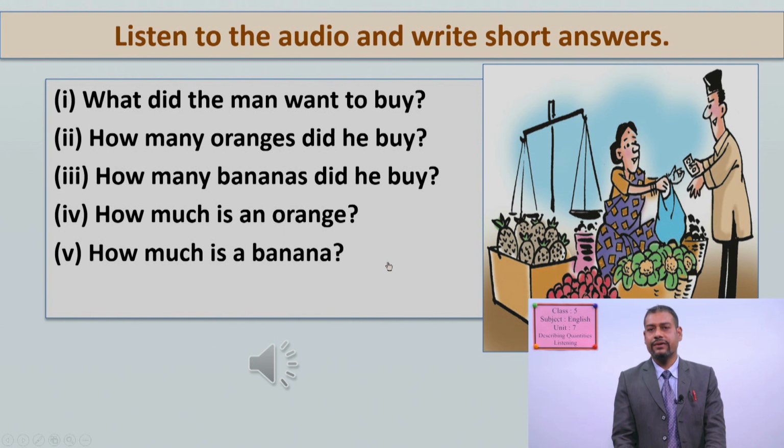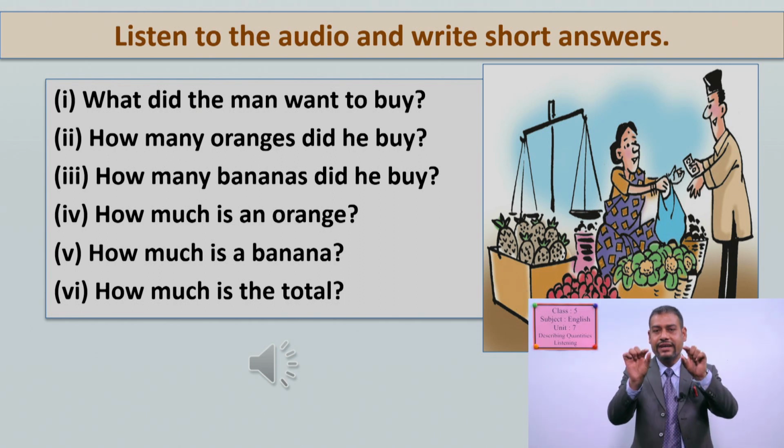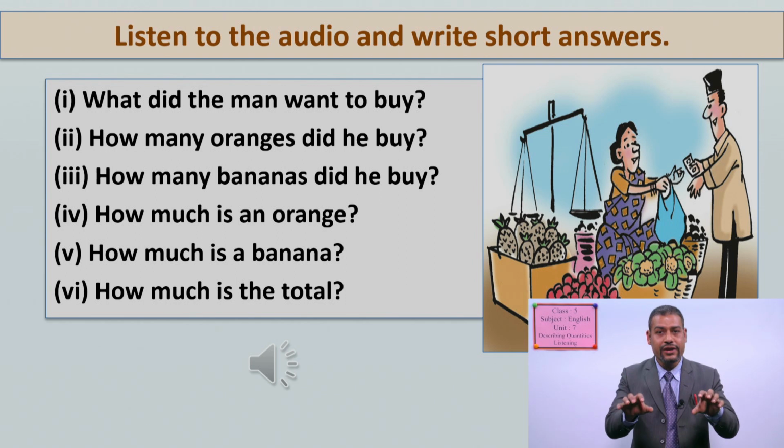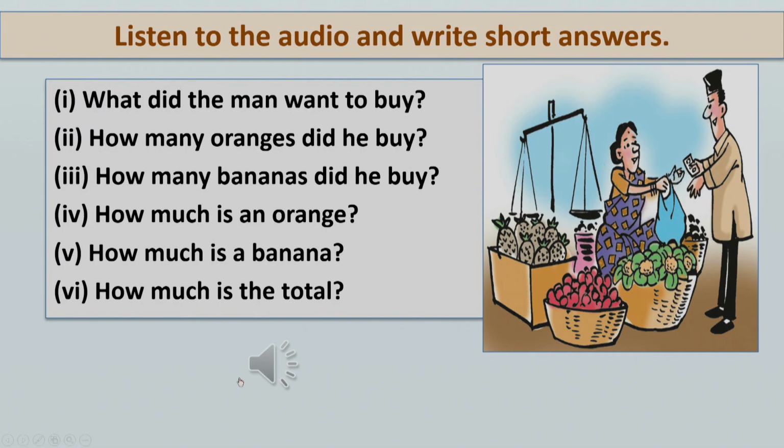How much is a banana? How much is the total? Now I am going to play it. Because there are six questions, you have to listen to it very carefully and find out only the main words, main ideas that we need for each question. Okay, so listen to it very carefully and write down.